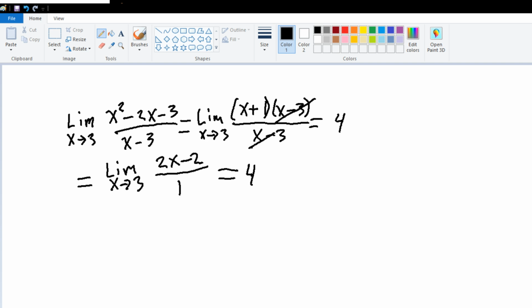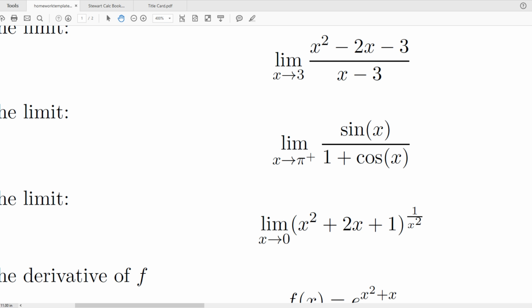Okay, so second problem. We have the limit as x goes to pi from the left of sine x over 1 plus cosine x. We'll swap cameras again.